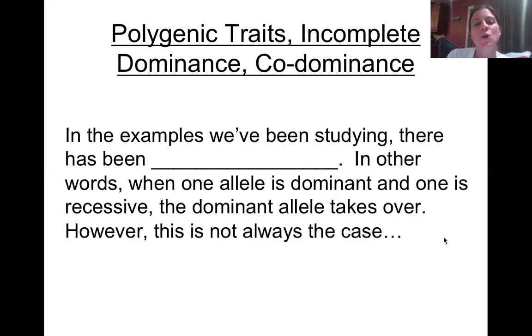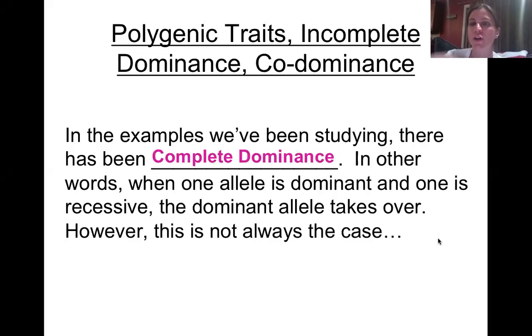Okay. So our last topic is this idea of polygenetic traits and incomplete dominance and codominance. What we've been studying so far has been complete dominance, meaning one dominant allele takes over another. Just to recap, when you had two uppercase letters, that meant that gene was dominant.